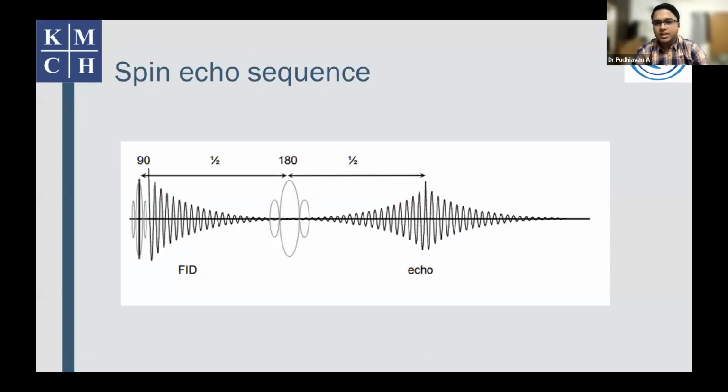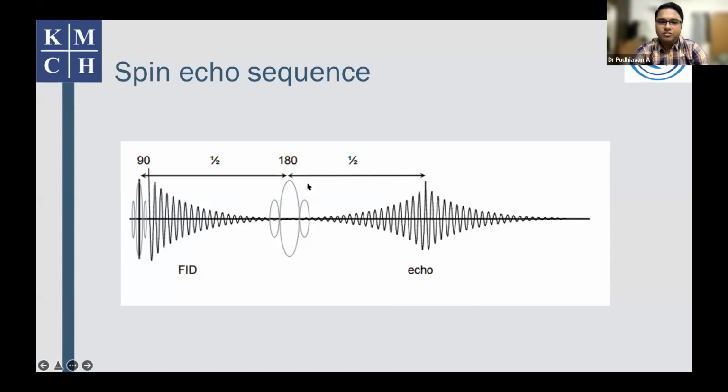The first and the simplest of these sequences is the spin echo sequence. In the spin echo sequence, after the 90-degree RF pulse, we give a 180-degree inversion pulse. This 180-degree pulse inverts the protons that undergo free induction decay.